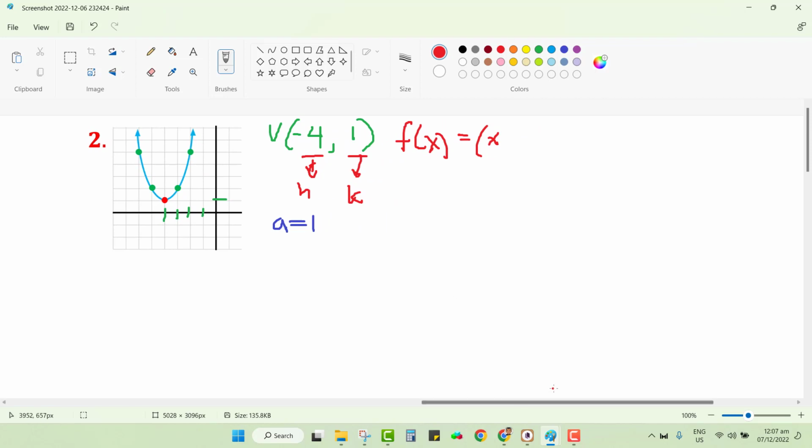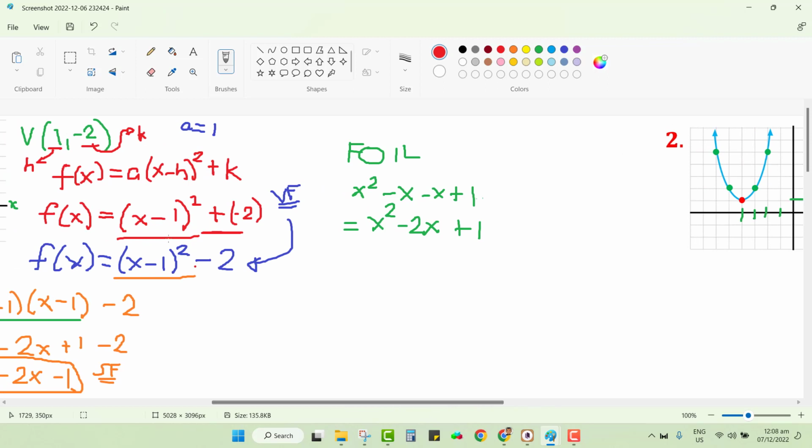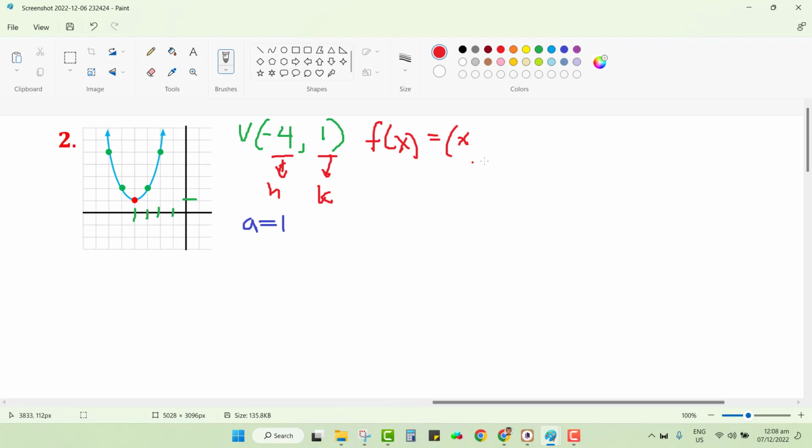So please do not forget that the vertex form follows the square of x minus h, plus k. Since h is already negative, it will become x minus negative 4. You take the square of that, and then plus your k, which is 1.